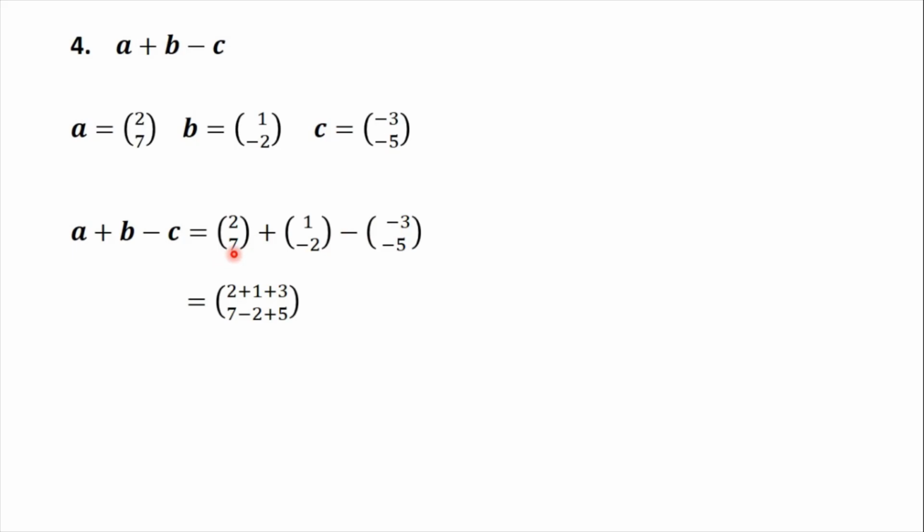Then the y component is 7 plus -2, which gives us 7 minus 2, then minus -5, so that will give us plus 5. 2 plus 1 plus 3 is 6. 7 minus 2 plus 5 is 10. So A plus B minus C is (6, 10).